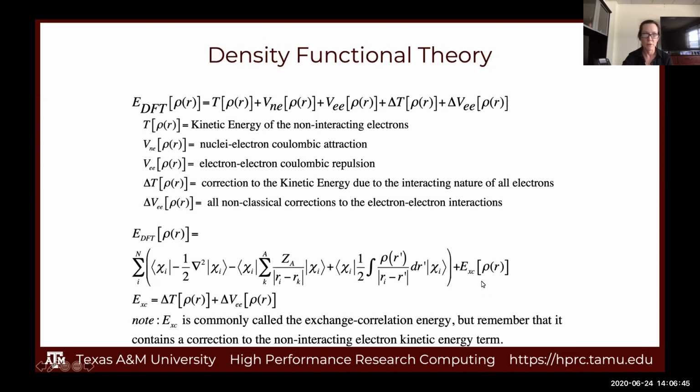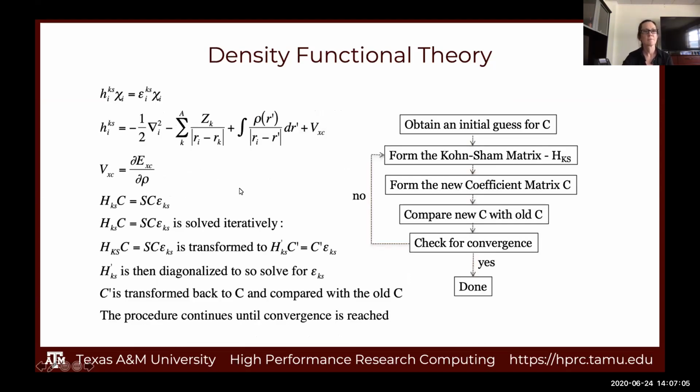The exchange correlation terms are those corrections to the interacting nature of the electrons, the kinetic energy term, and the electron-electron interaction term that's non-classical, okay? So DFT exchange correlation falls into this.